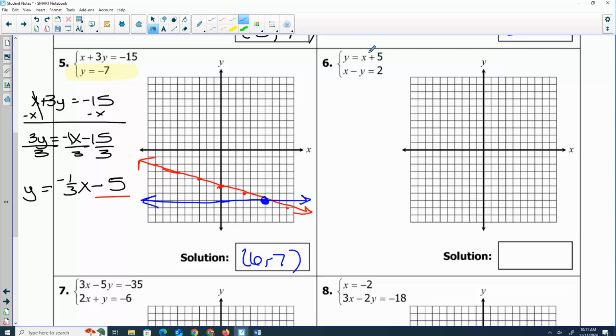Last one. Y equals x plus 5. How do I graph that? What's my slope? 1 over 1.